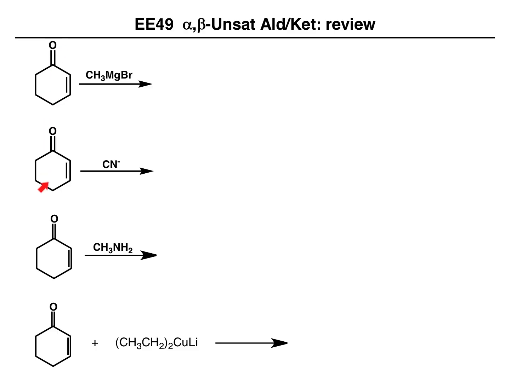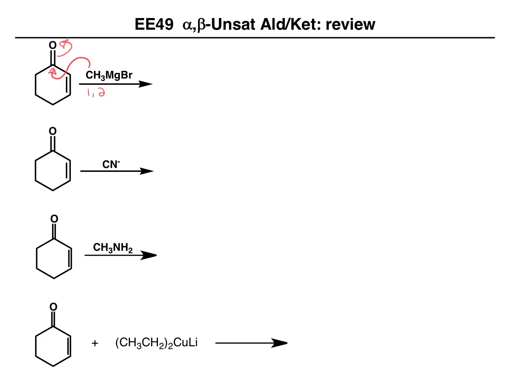We have an alpha beta unsaturated ketone, and we have 4 different types of nucleophiles. So in our first case, we have a Grignard reagent. Now we know that a Grignard reagent is a really, really strong nucleophile, a really, really strong base. So this is going to add 1,2. So the methyl group will add here, and these electrons will get pushed up.